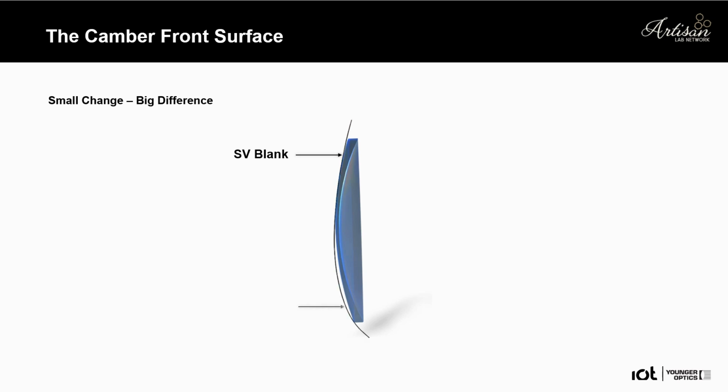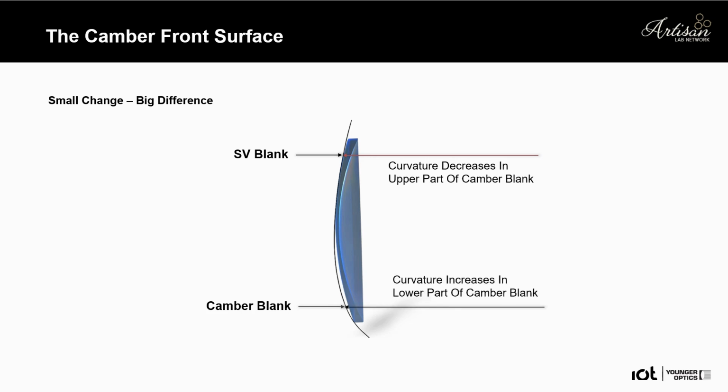When we add this curve, you can see the difference between the single vision blank and the camber blank. It's a very, very slight change cosmetically, but it makes a big difference visually. That old saying, a little bit goes a long way, is certainly true in this case. Curvatures decrease in the upper part of the camber blank and increase in the lower part.